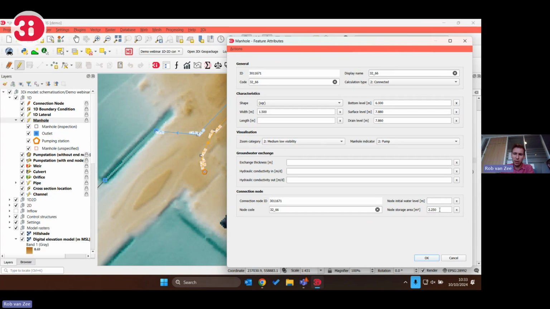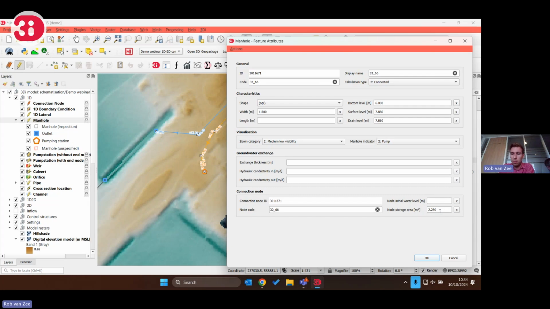So why is it very important? Water gets pumped out of a model at this location. But if you pump a lot of water out of a model, it should be able to also have that water at the location.